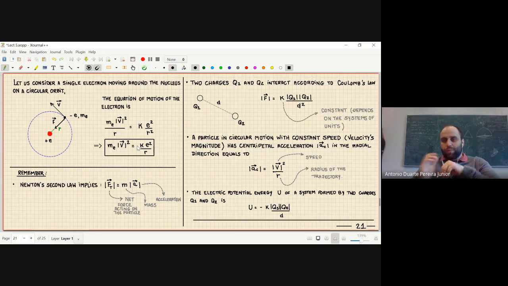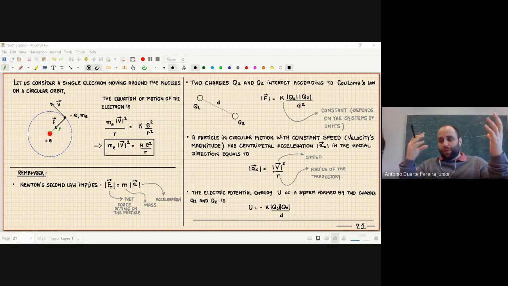Okay, so before moving to the next slide, let me check the questions in the chat. Is there a reason for the minus sign for the electric potential energy? Yes. You see that here I'm talking about a system that has charges of different sign. So if I have a system with charges of different sign, these charges will try to attract each other.